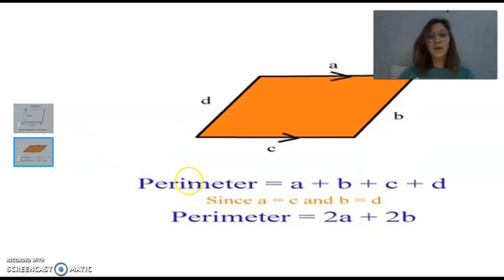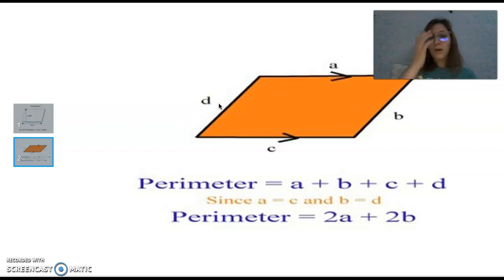Alright, so this is going to be how we find our perimeter. This is going to be important to take notes on. So it's going to be all sides of the parallelogram, and each side is going to be added together.